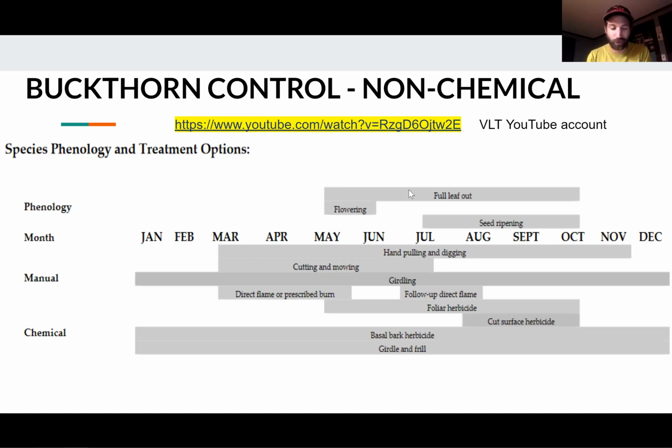I strongly discourage coming up with your own cocktails and mixtures. That being said, within the chemical application of herbicide, there is a fact of life, which is the label is the law.